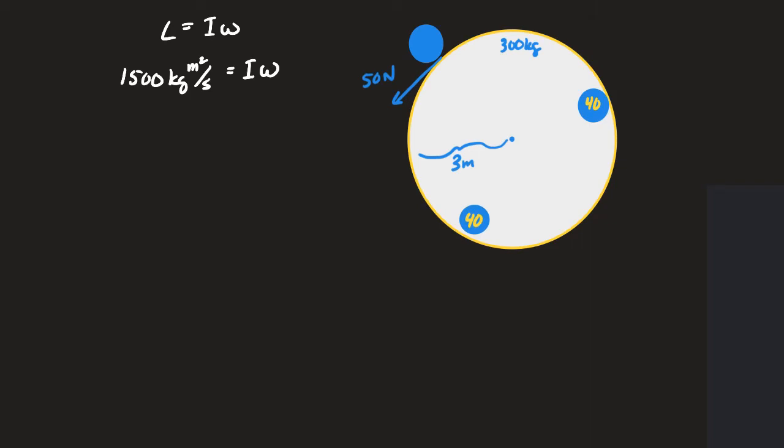So I would have expected that you guys were busy calculating I, because that's what we didn't have. You're going to need that to figure out omega. So Jackson, how do you calculate I? What must I do? So for the disk, it would be 1/2 mr squared, right? Good so far.